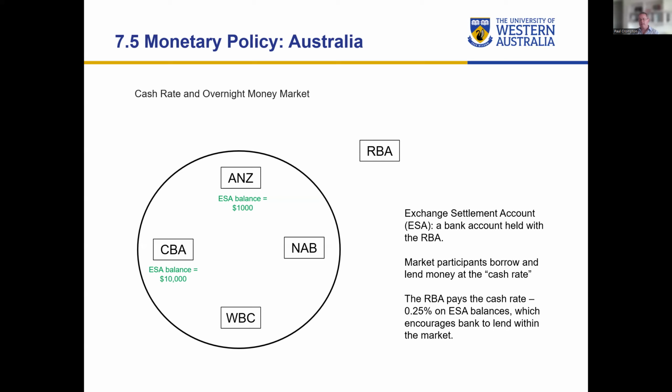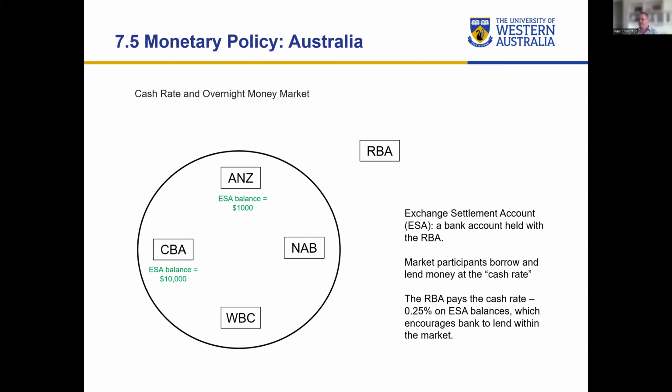The NAB customer's account will be credited with $2,000 and the ANZ customer's account will be debited by $2,000. But at the end of the day, the money needs to be transferred from one bank to another.